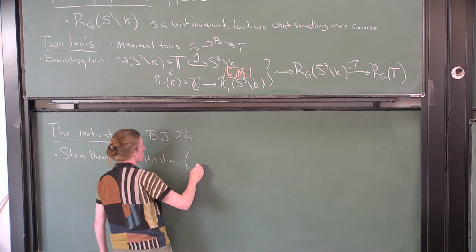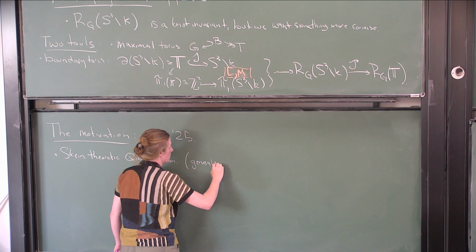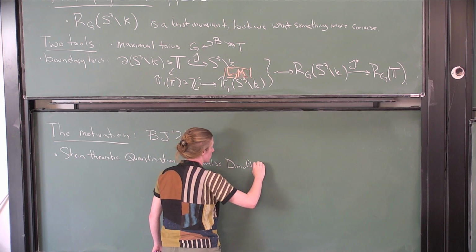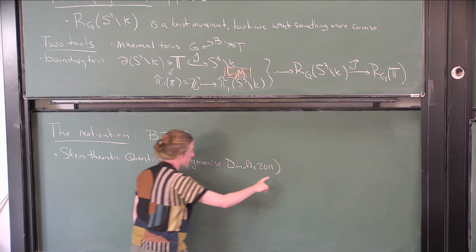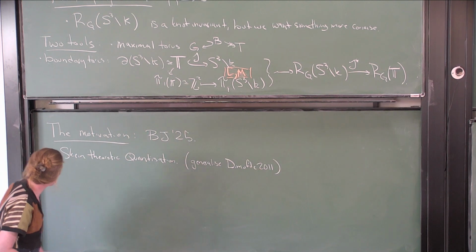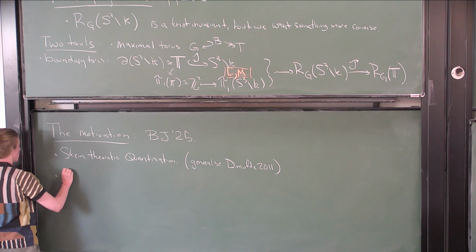What we want to do in particular is generalize a construction that Tudor made that's really nice from 2011, that used hyperbolic geometry. Why do we want to do that? Well, because there's a conjecture.